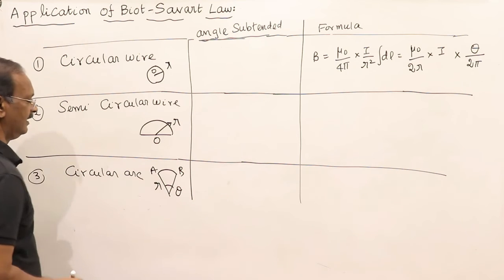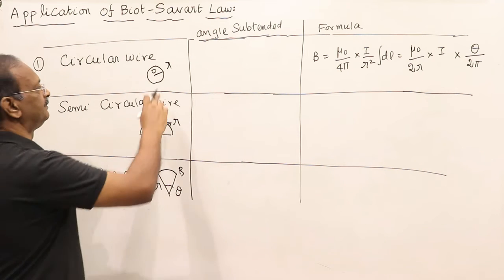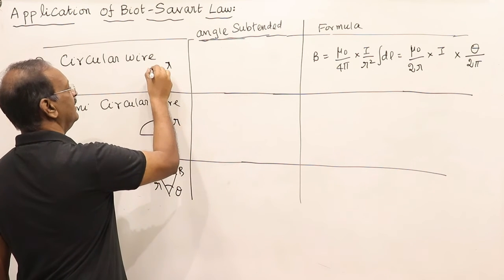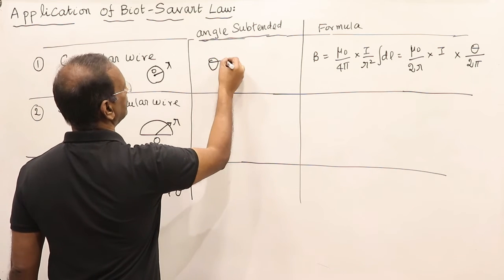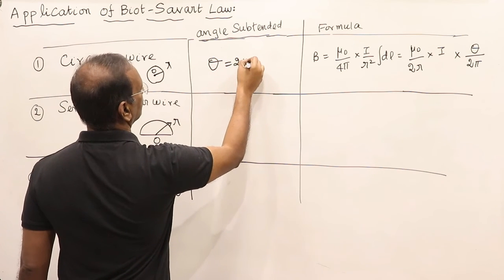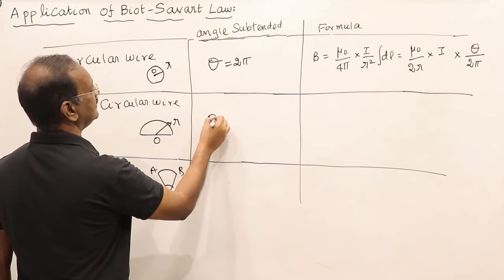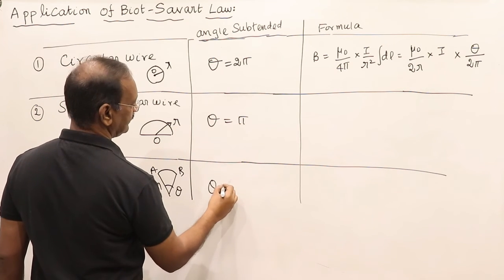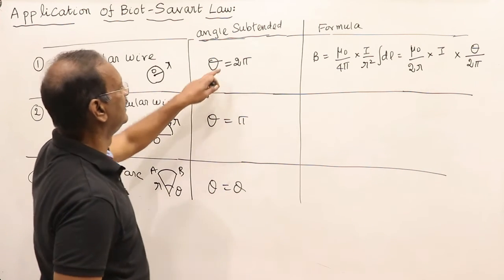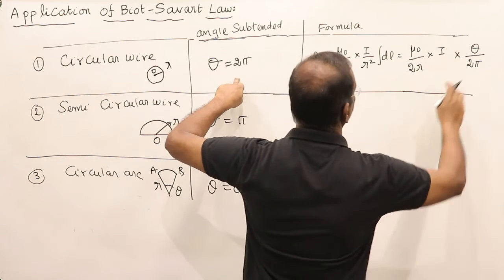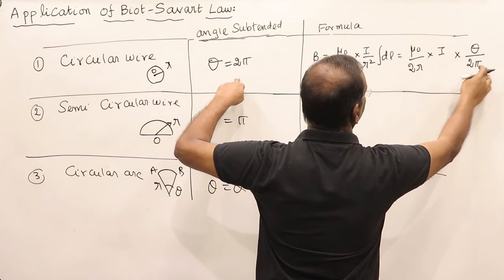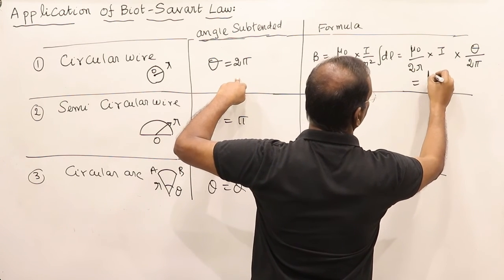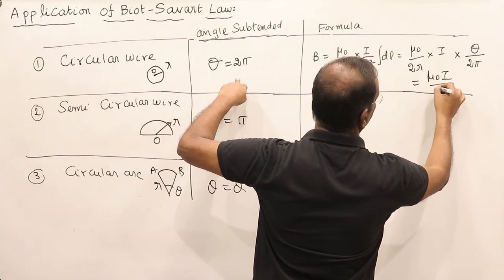What is the angle subtended at the center O? For a circle, theta is equal to 2 pi. For a semicircle, theta is equal to pi. Here theta is equal to theta. We substitute in place of theta: 2 pi, 2 pi get cancelled. So the result is mu naught I by 2r.